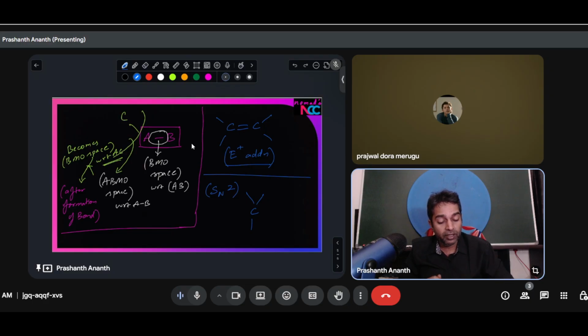This is the leaving group. This is the attacking nucleophile. Correct? Typical SN2's transition state is supposed to be understood like this, yes? So how they define the attack location of the nucleophile is, this is supposed to be attack from anti-bonding space.